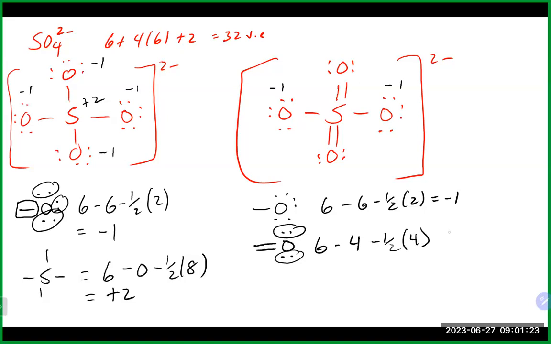You go 6 minus 4, which is 2, minus 2, which is 0. So the formal charge on these guys is going to be 0. And if we looked at our double bonded sulfur and our single bonds on the sides, we end up with 6 minus 0 minus 1/2 of 2, 4, 6, 8, 10, 12. That is 6 minus 6, which is 0.